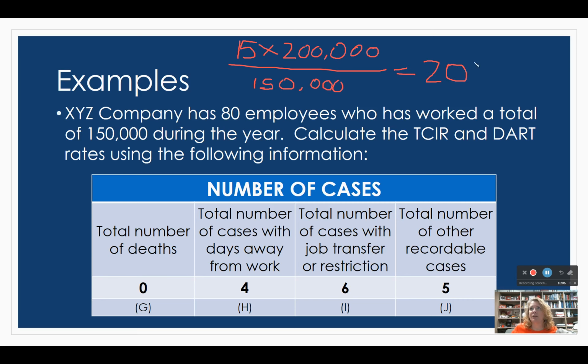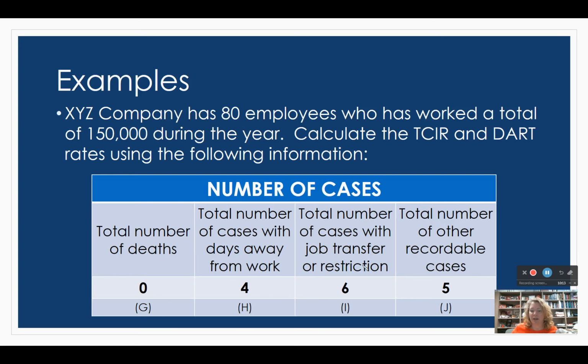And so this is huge, it's high, and we'd really have to watch that when we look at it. If we wanted to look at our DART rate, we would do 10, because of the days away and job restriction, and we multiply that by 200,000, and then divide it by 150,000.